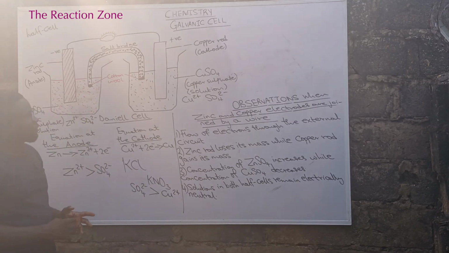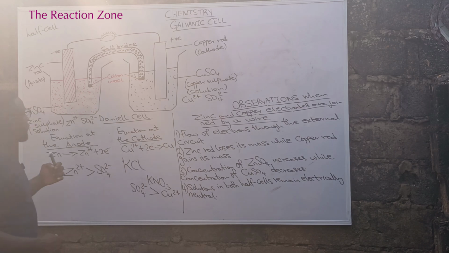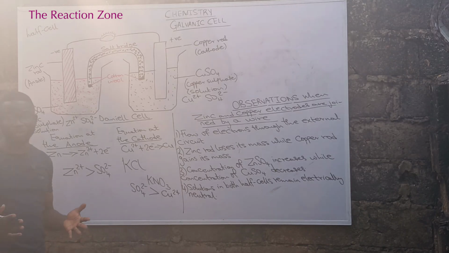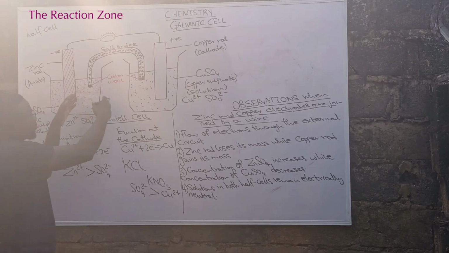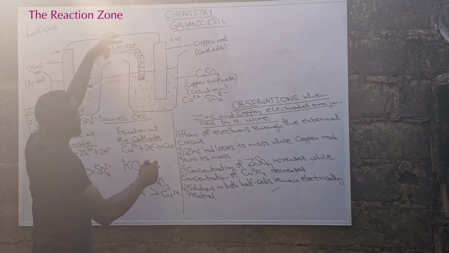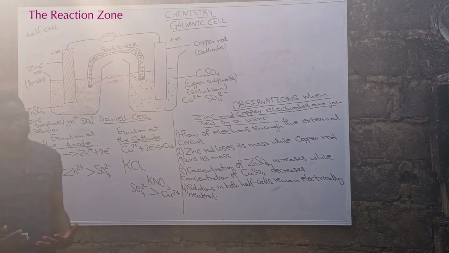So, the summary of what happens in a Daniell cell is that the redox reactions that take place in these half cells lead to the generation of electric current. Specifically, the loss of electrons by zinc atoms on the zinc rod when they go into solution as zinc ions leads to the transfer of electrons from the zinc half cell to the copper half cell, and in the process generates electric current.